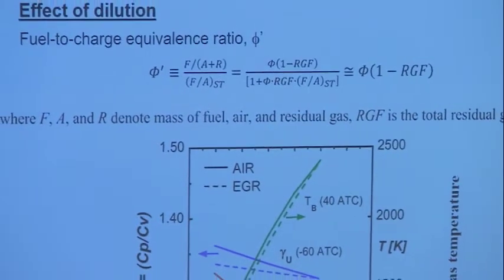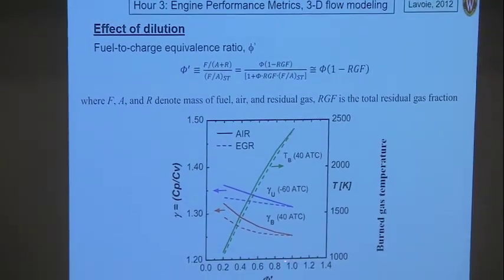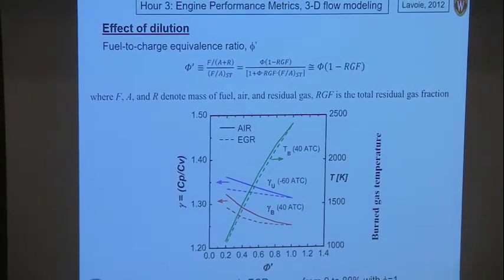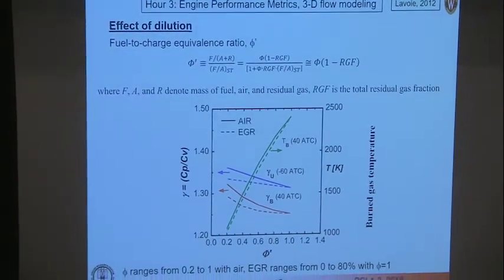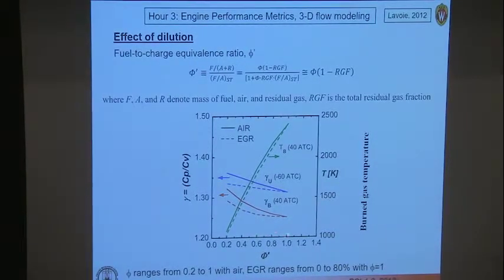So now if I go back to my plot and I go from phi of 0.2 to 1, I could either think of this as I'm just adding more fuel to air, and in that way changing the equivalence ratio from 0.2 to 1. Or I can think of keeping the equivalence ratio at 1 and change the amount of residual gas.